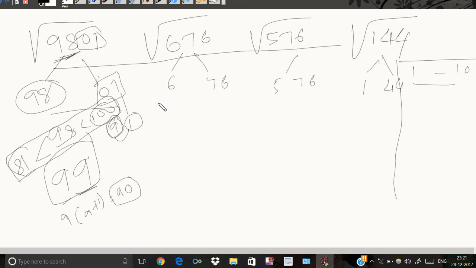So 6 comes between the square of 2 and the square of 3. So we have to take 2, as I've already told you, we take the smaller one. Then the next thing is 2 times 2 plus 1, which is equal to 2 times 3, which is equal to 6.